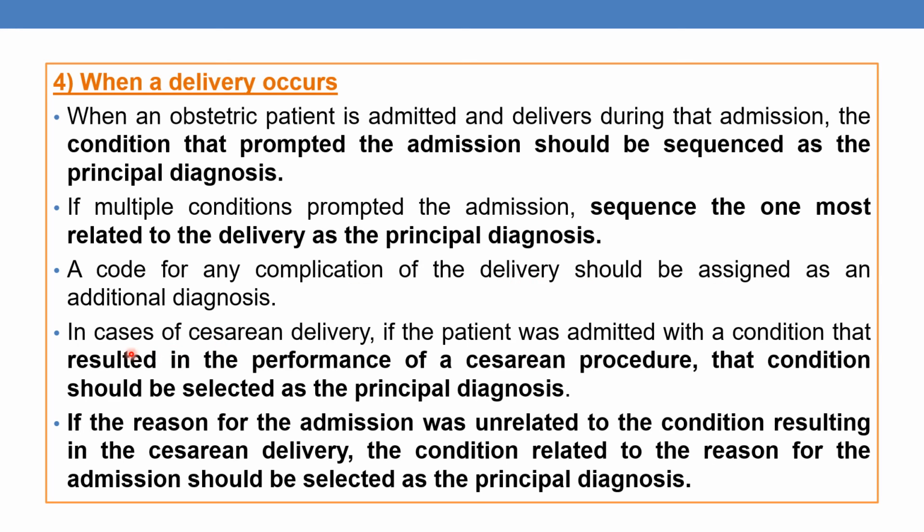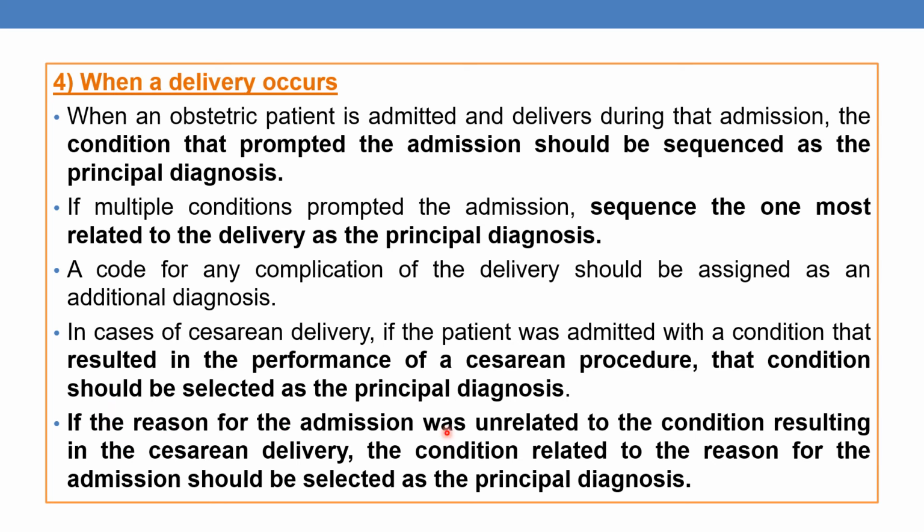Next case, in cases of cesarean delivery. If the patient was admitted with a condition that resulted in the performance of the cesarean procedure, that condition which resulted in the performance of the C-section should be selected as the PDX.